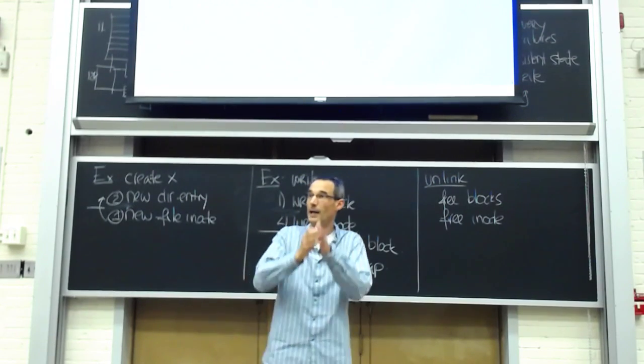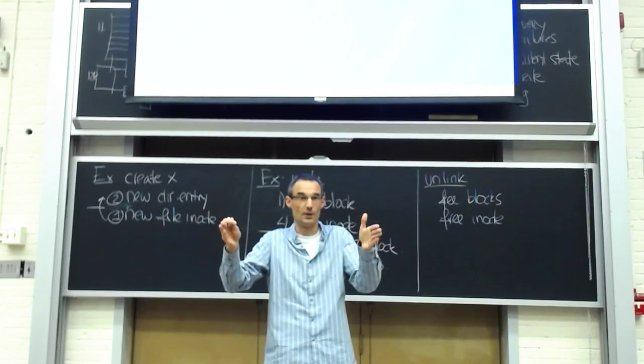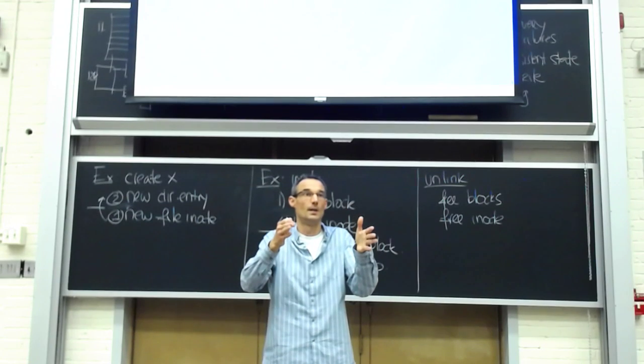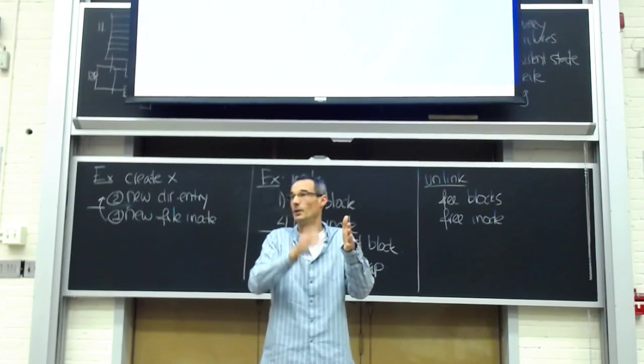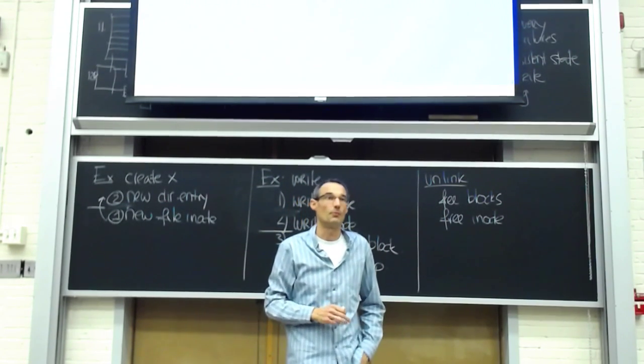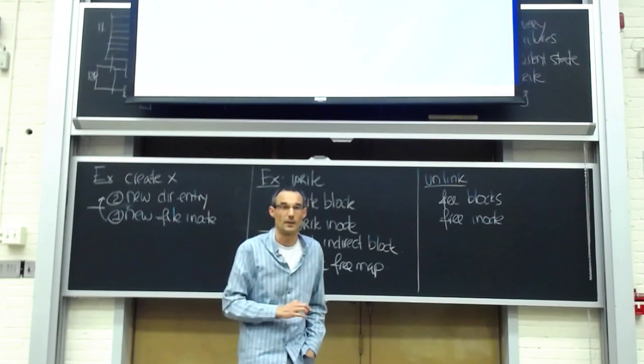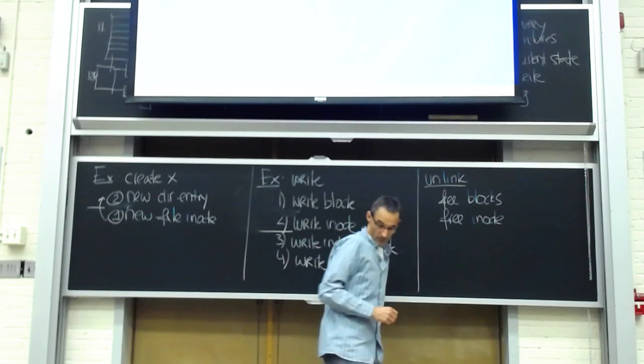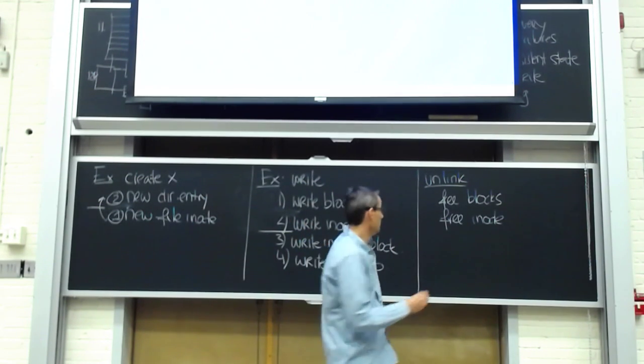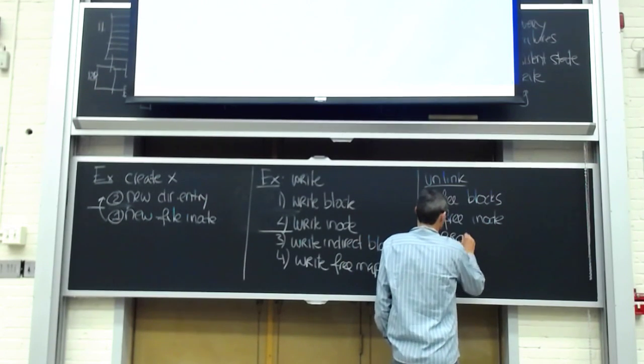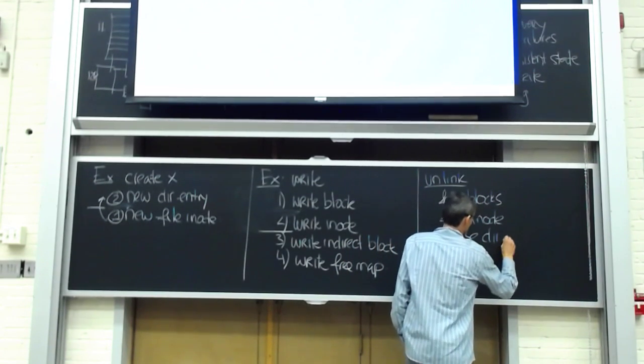In the inode blocks, there's a section of the disk that contains the inodes. Every block has multiple inodes in it, and one of the flags in the inode is whether it's allocated or not. So free the inode, and of course we need to erase the directory entry.